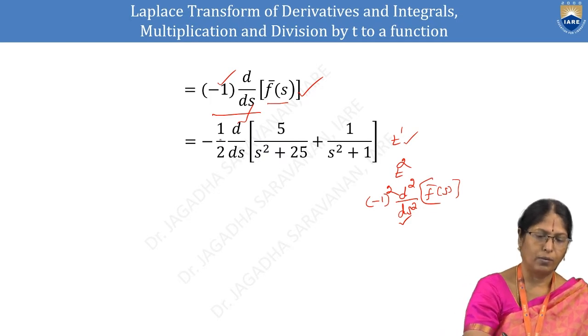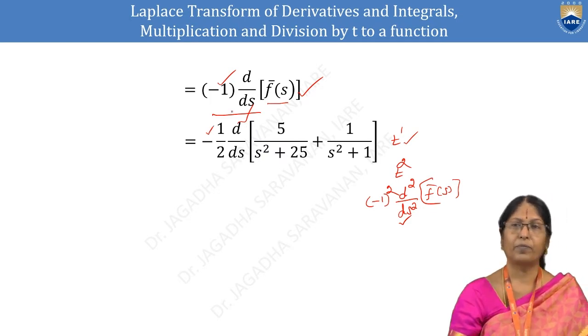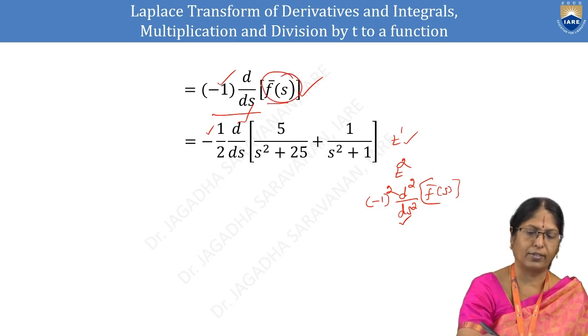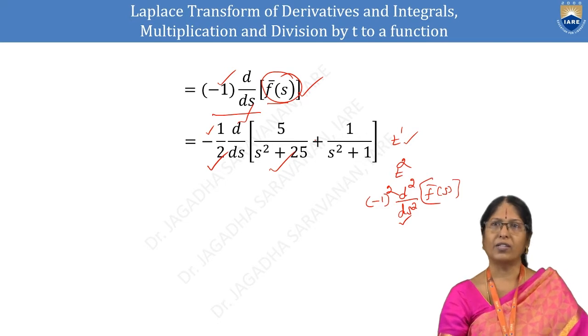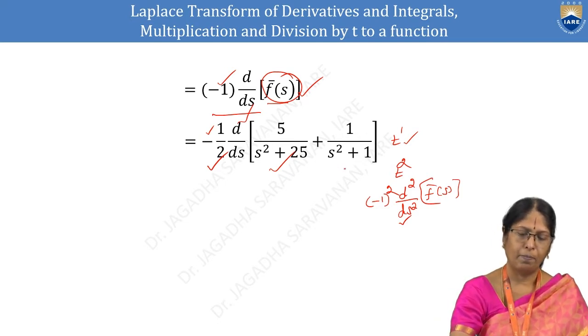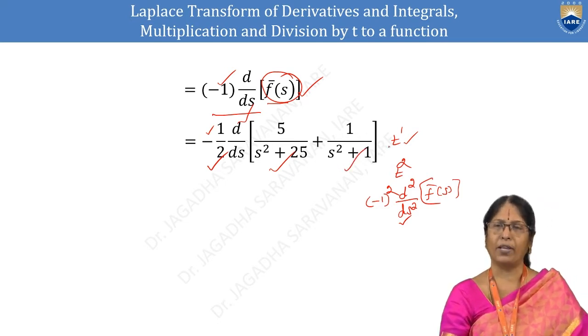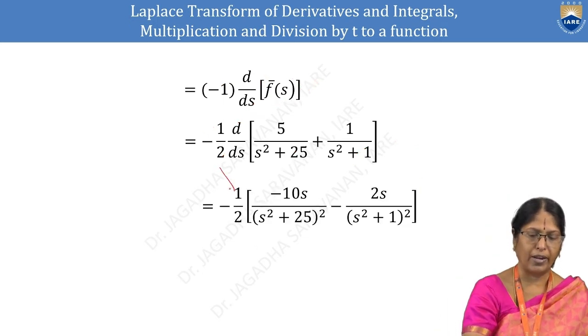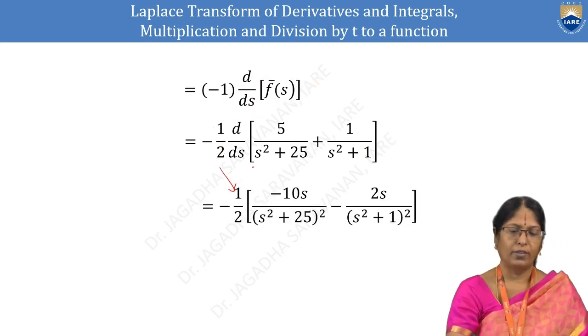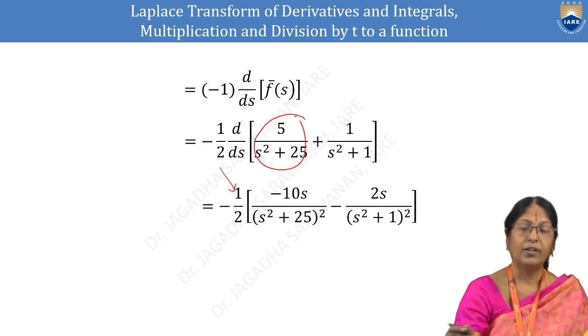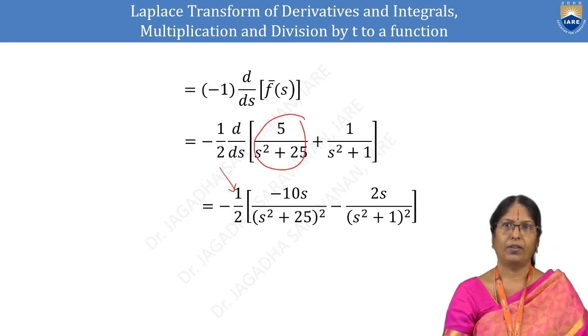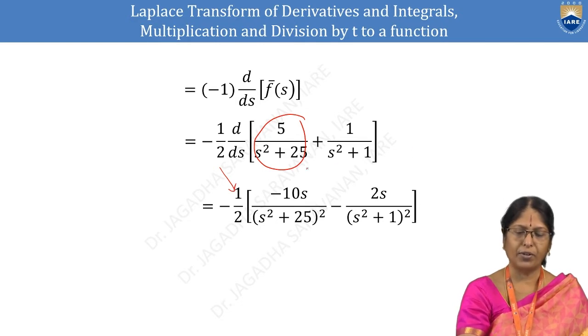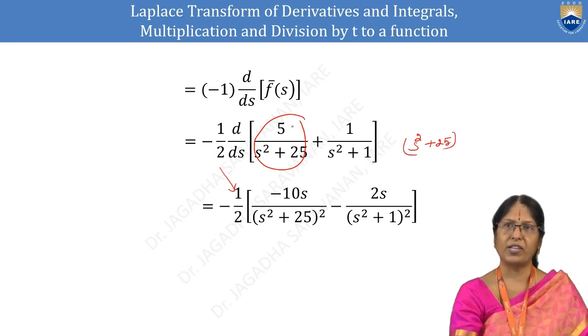Now this f bar of s we got is 1 by 2 times 5 by s square plus 25 plus 1 by s square plus 1. So this is minus 1 by 2, and this part we have to differentiate. An easy way to differentiate: the down part is s square plus 25 and the numerator is 5.